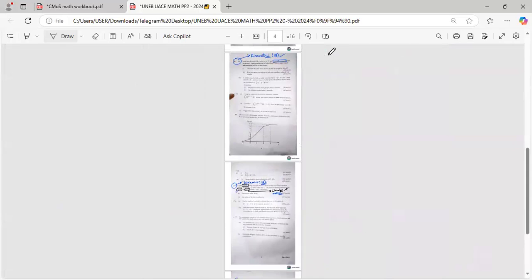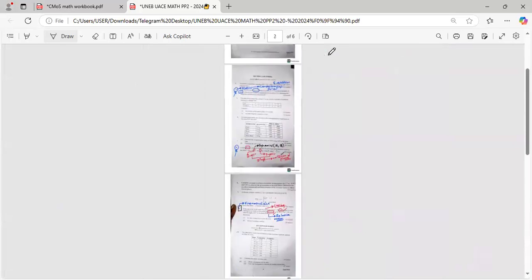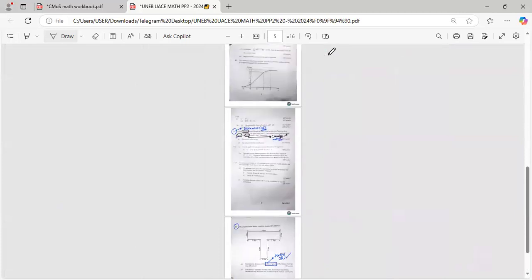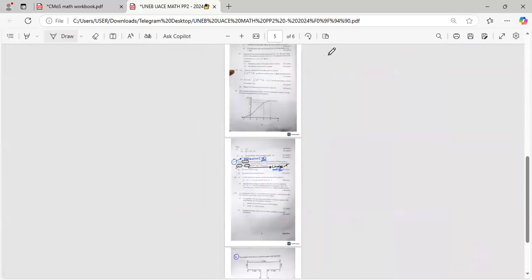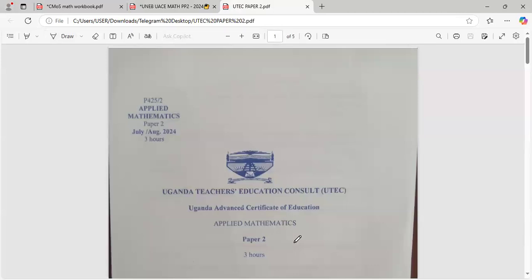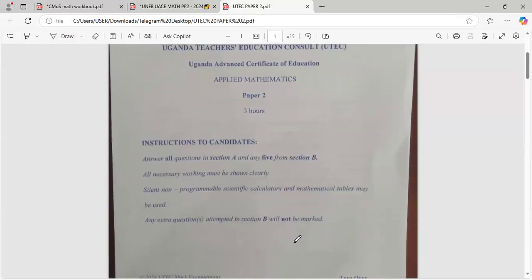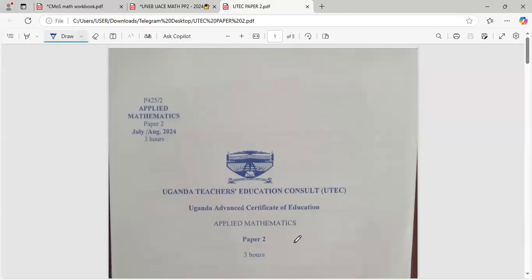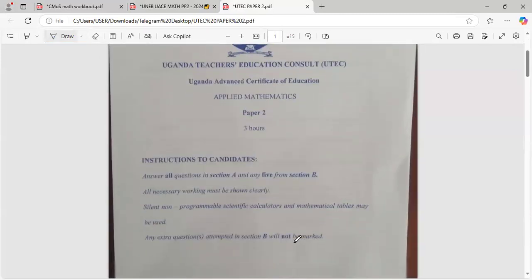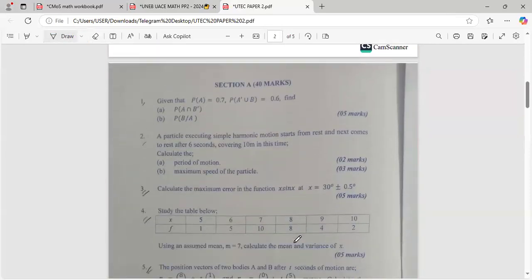So what of the UNEB paper? It's 2024 also. Let us go slowly and see.